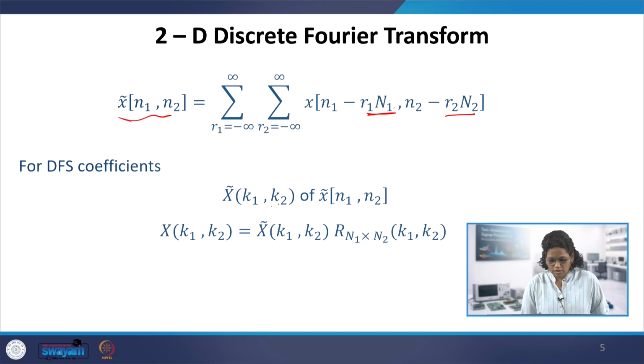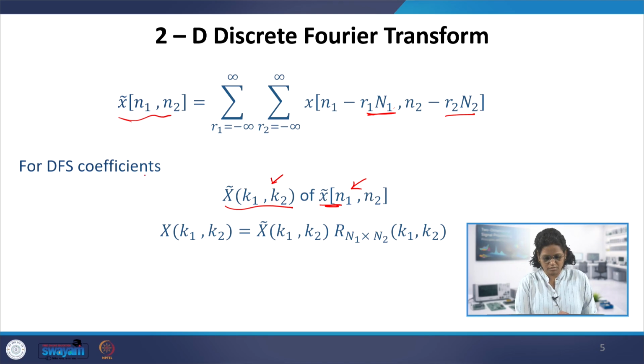Here the DFS coefficients, the Fourier series coefficients, were x tilde of k1 comma k2. This is from the coefficients of x tilde, which is in the time domain. If you know that, then how do we get the truncated DFT coefficients? If x tilde is truncated with r of n1 comma n2, and you apply the Fourier series, you would get x of k1 comma k2.